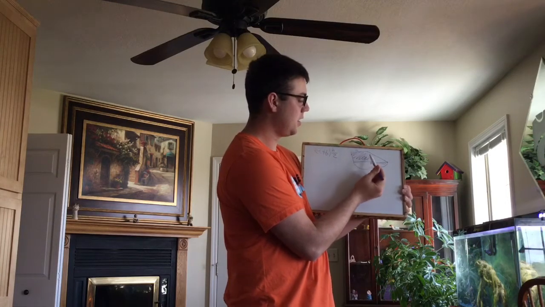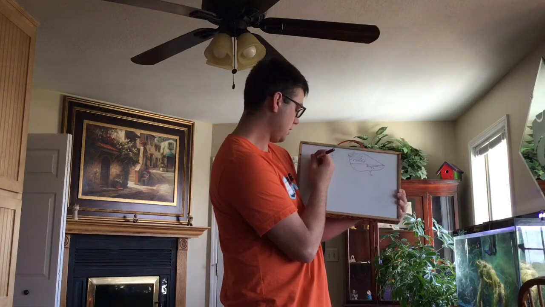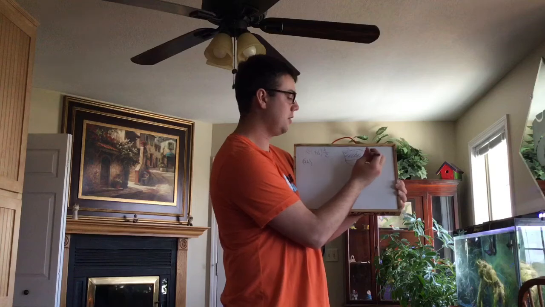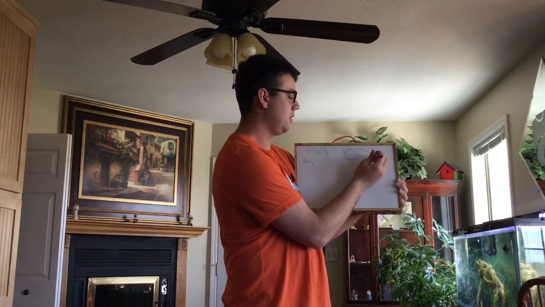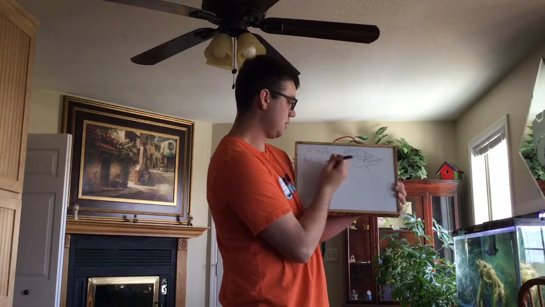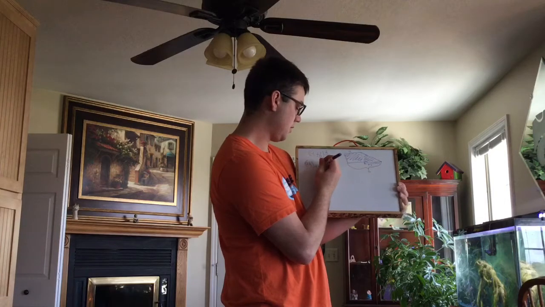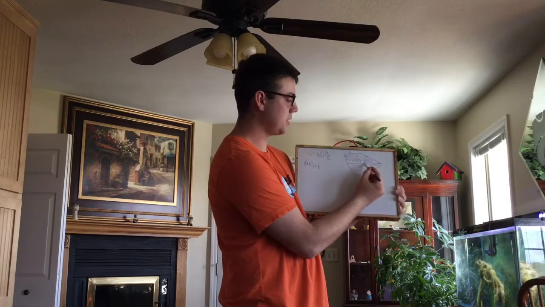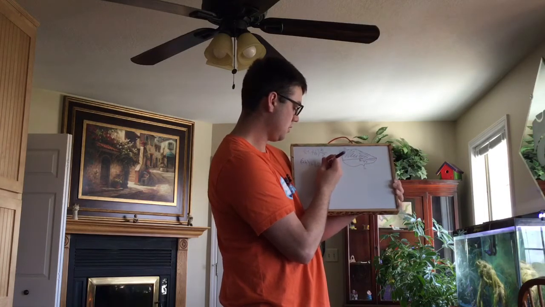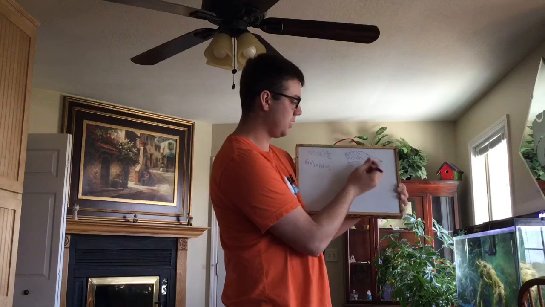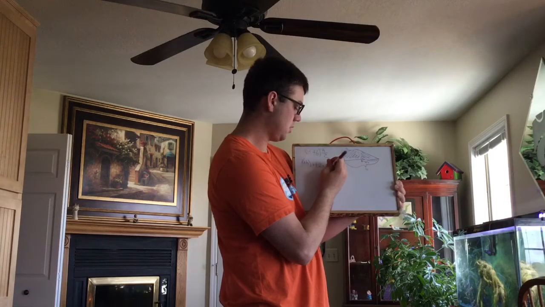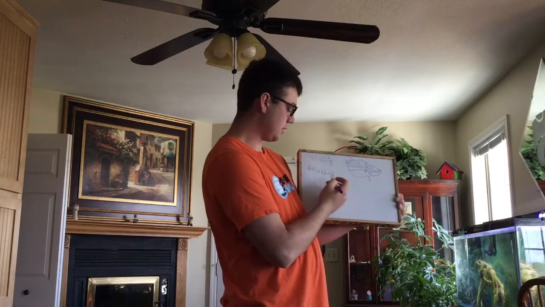This side is A, and then H. So the area of that is just going to be A times H. Then we can add it to the area of this triangle right here, which, if you remember, is 1/2 base times height. Our base is going to be this piece right here, which is B minus A, times the height, which is also H. So 1/2 times base times height is going to be that.